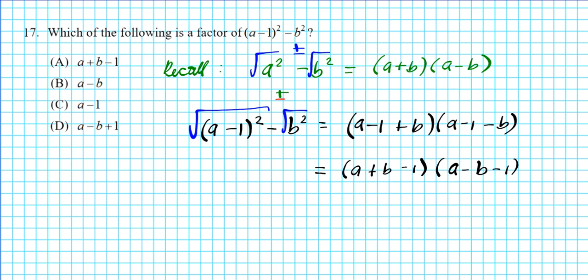So the factors are a plus b minus 1 and a minus b minus 1. So which one do we have as the answer here? A plus b minus 1. Answer is option letter A.